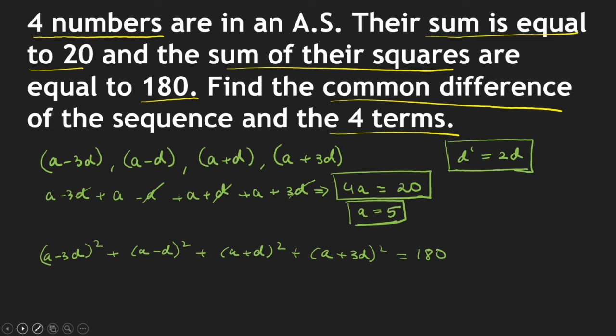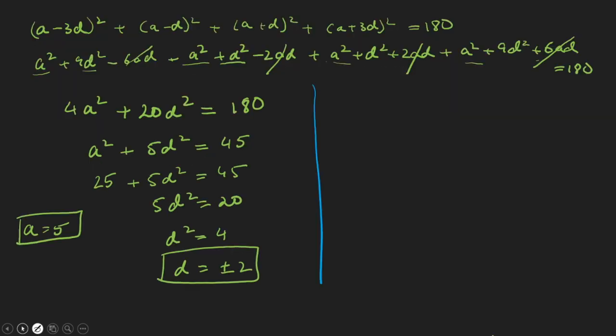Let's find the four terms first, because then we just need any two terms, subtract them, and we'll find the common difference. Let's do a plus d, a minus d. So we get 5 plus 2, and we can actually take any value of d here. We can take plus 2 or minus 2. We'll actually get the same answer, and you can try that on your own later.